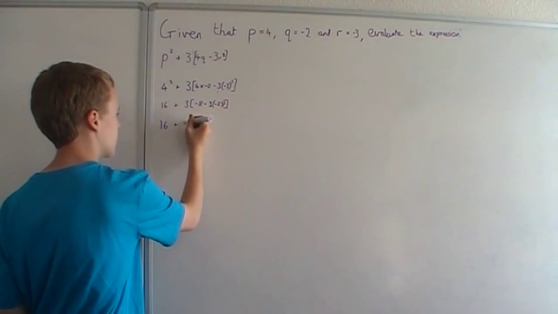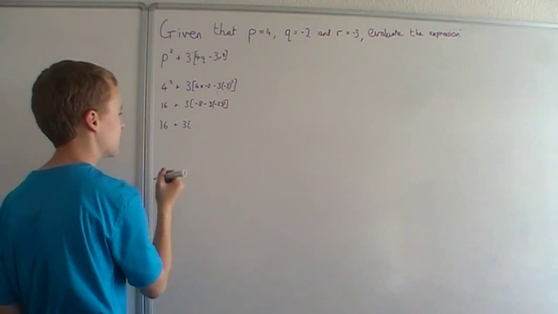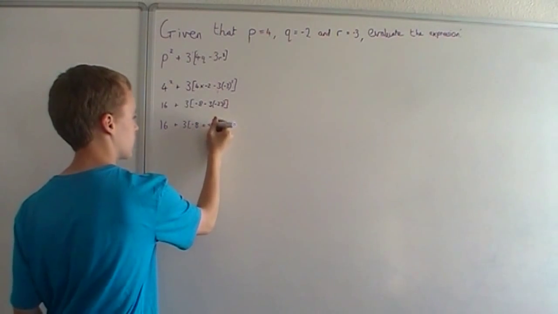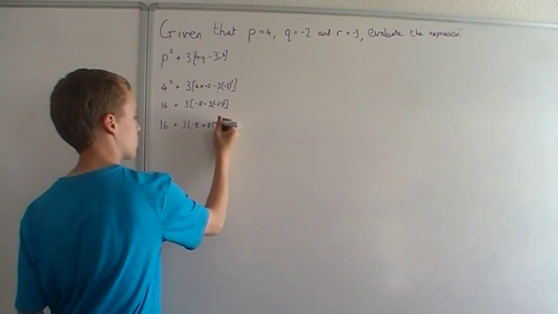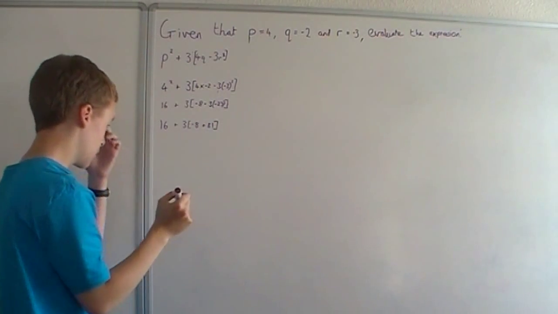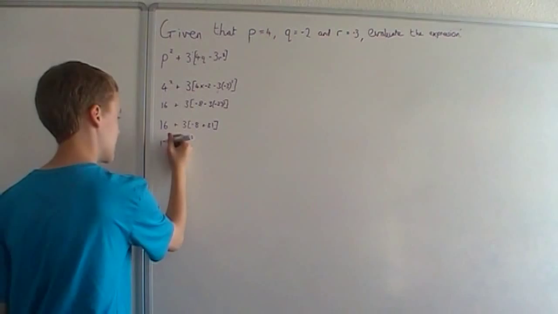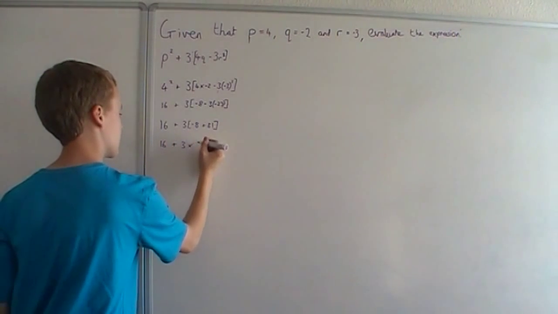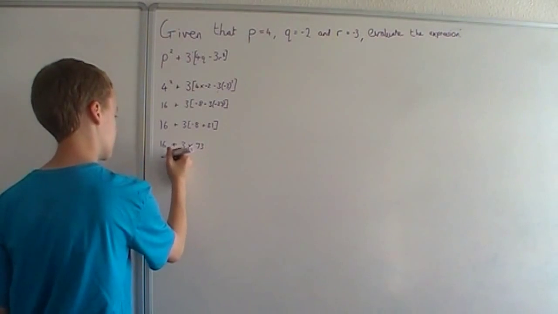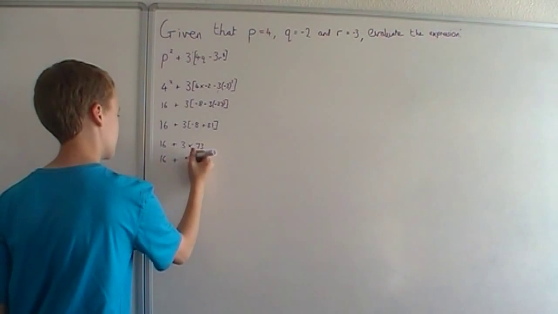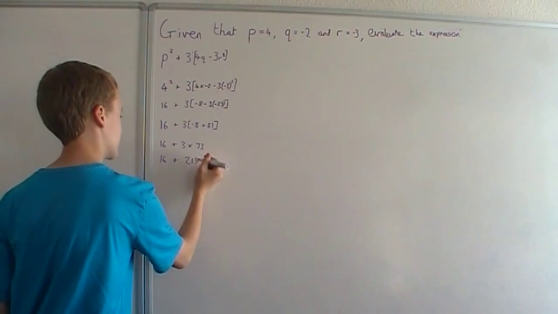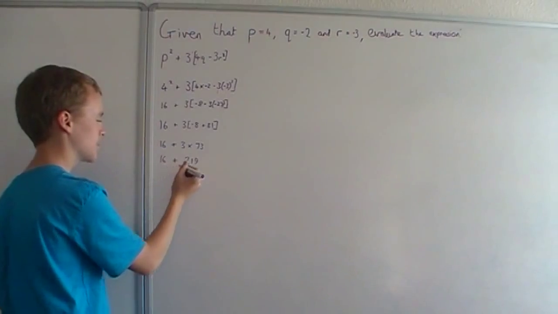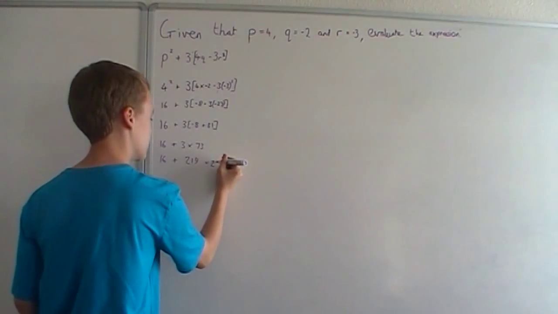Minus 3 times minus 27 is positive 81 because the symbols are the same. This leaves us with 16 plus 3 times 73. 3 times 73 is 219, and 16 plus 219 is 235.